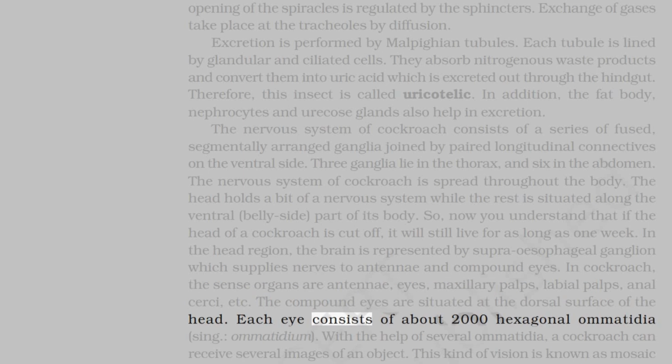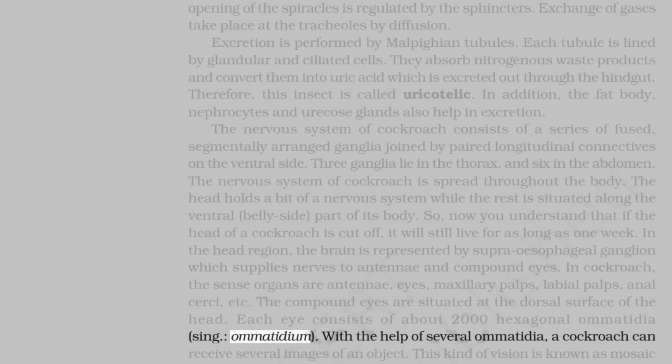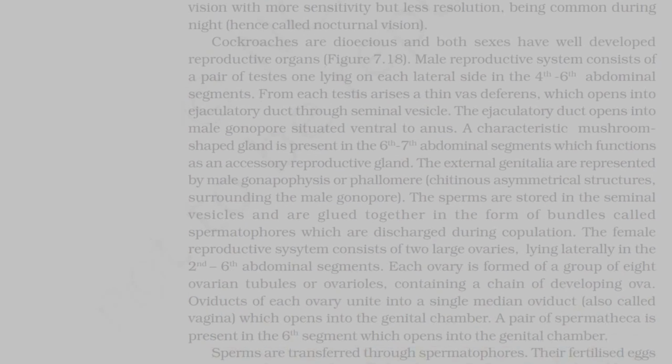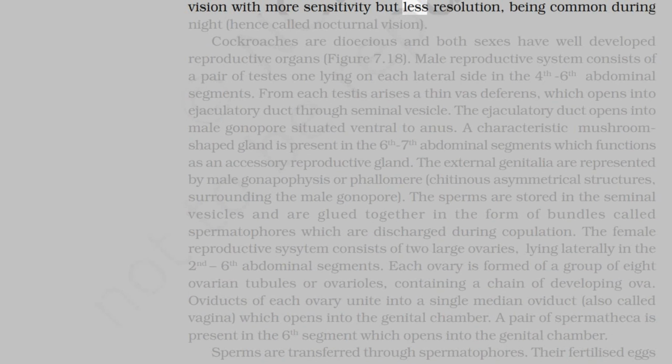Each eye consists of about 2000 hexagonal ommatidia. With the help of several ommatidia, a cockroach can receive several images of an object. This kind of vision is known as mosaic vision, with more sensitivity but less resolution, being common during night, hence called nocturnal vision.